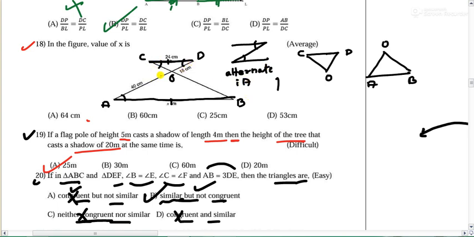Similarly, angle C will be equal to angle B. So if I take triangle COD and triangle BOA, angle D is equal to angle A, angle C is equal to angle B, and angle O is equal to angle O. Why is it equal?